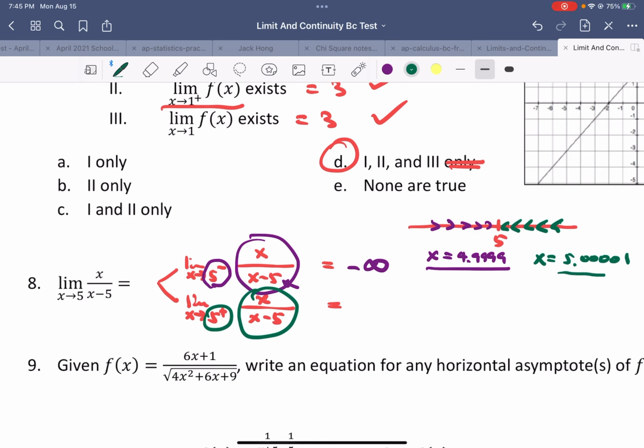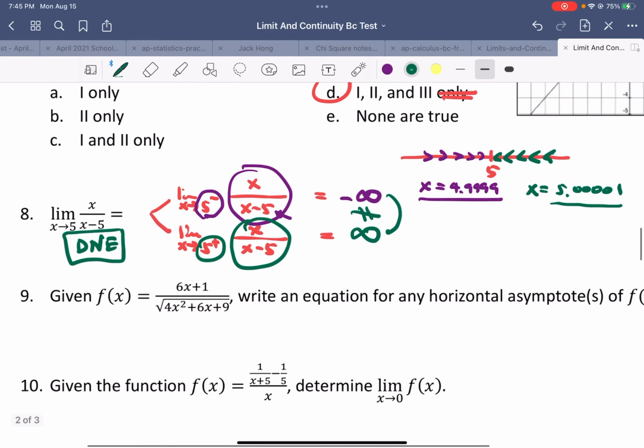But the denominator is slightly bigger than 0, so that's positive. So that's positive infinite. Now, since they are not equal, you have to say your final answer: this one does not exist. Because the left hand side limit and right hand side limit don't match. So your final answer should be does not exist.